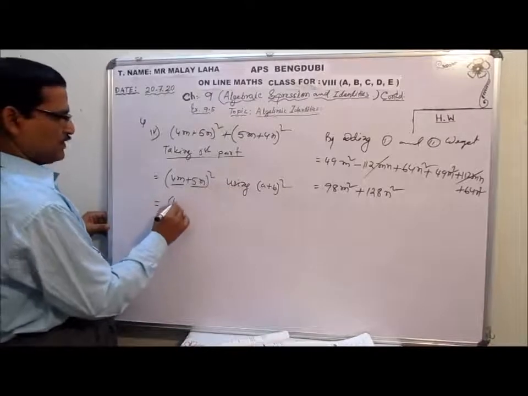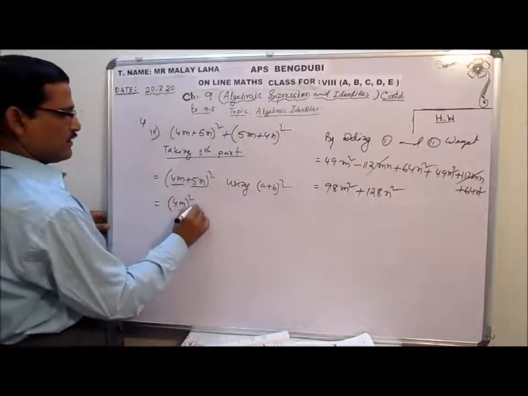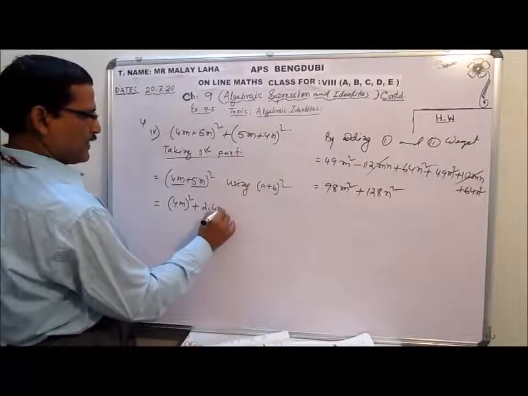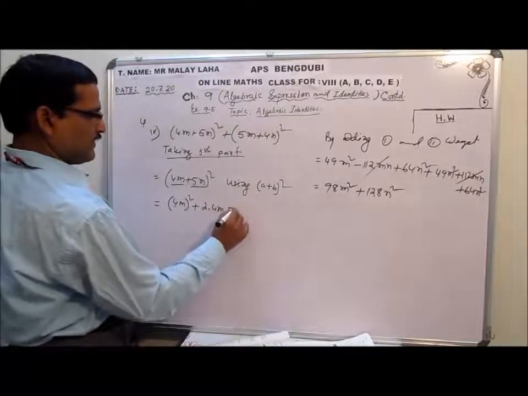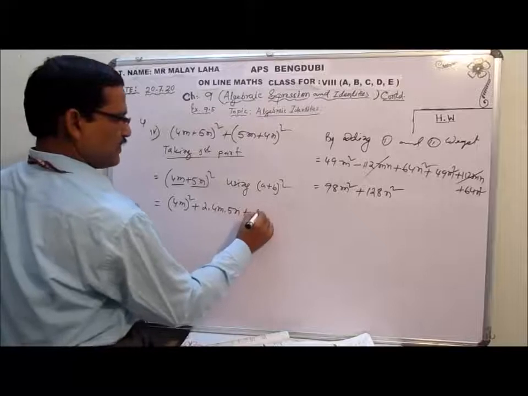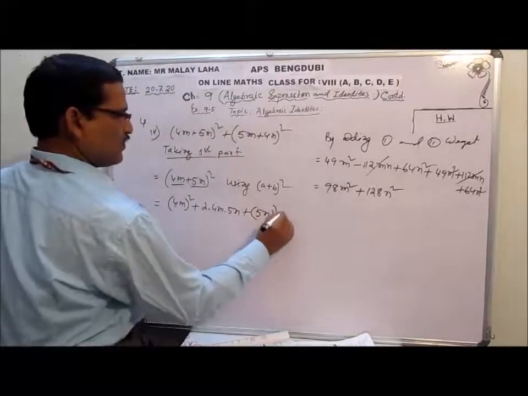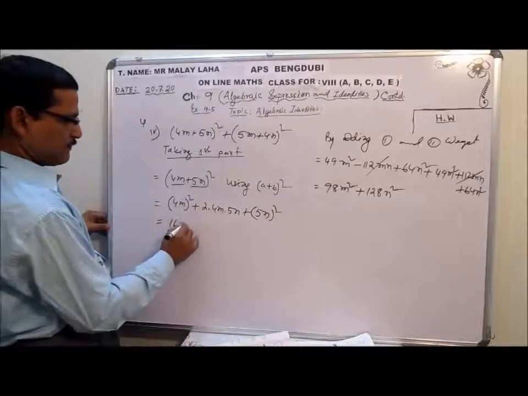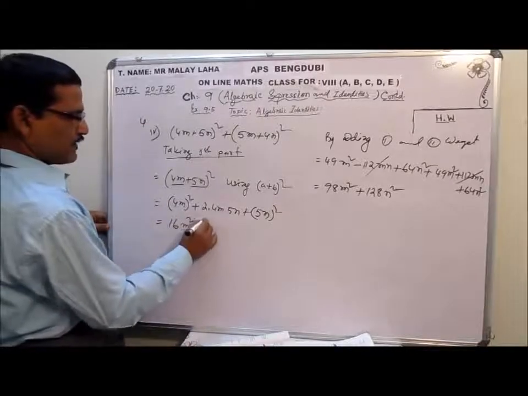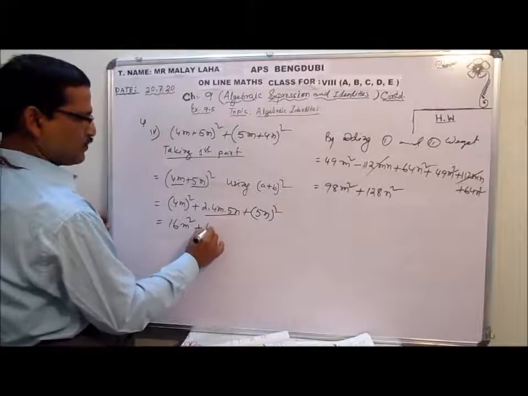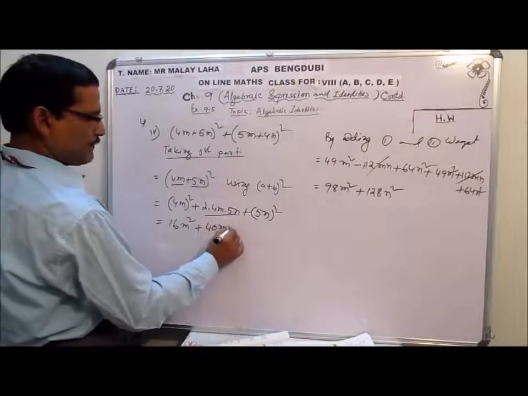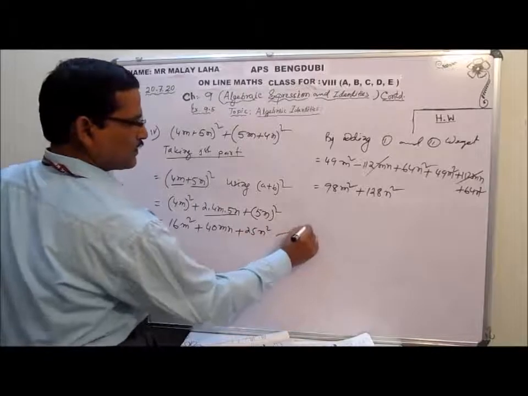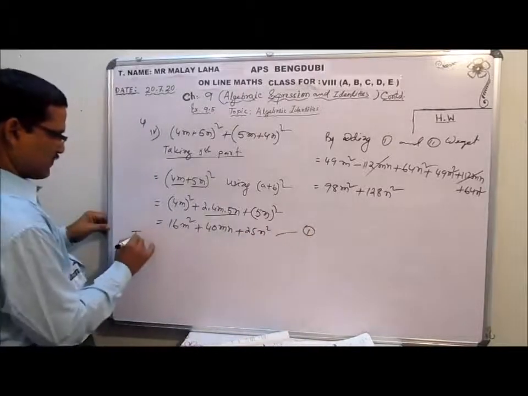So a square means 4m square, plus twice ab means 4m into 5n, plus b square means 5n whole square. What is the square after this? 16m square plus, what is the product? 40mn plus 25n square. This is part 1. Taking second part.